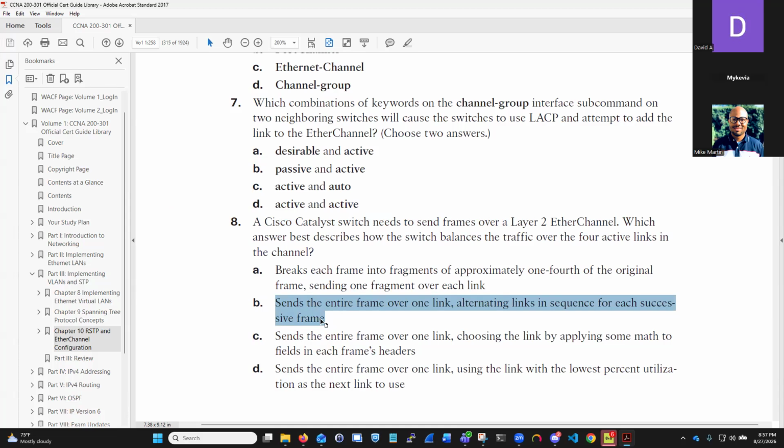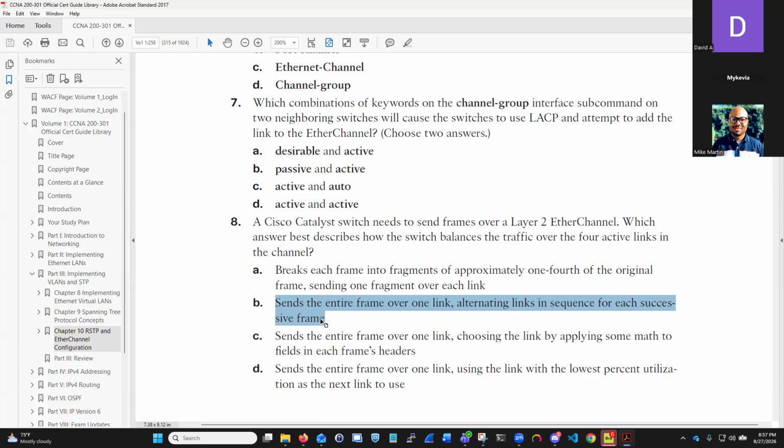So what we're saying is, it sends the frame over one link, but if it's an entire packet that's being broken down, you're saying it's switching different links in sequence. You're saying that's what the switch is doing within the layer 2 ether channel.